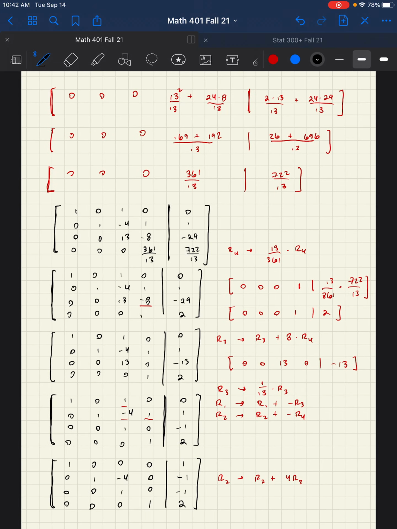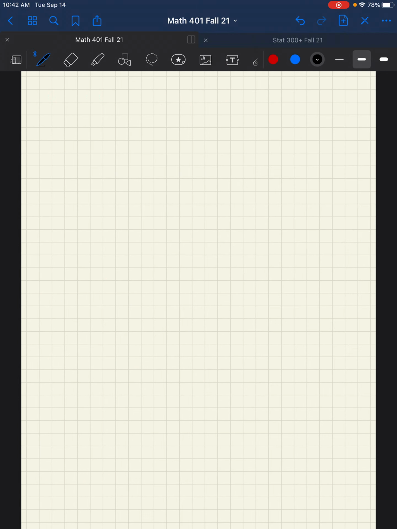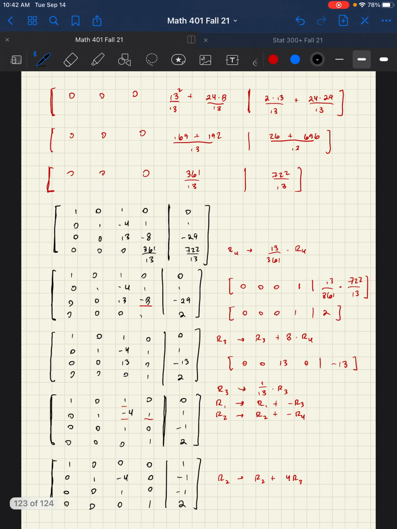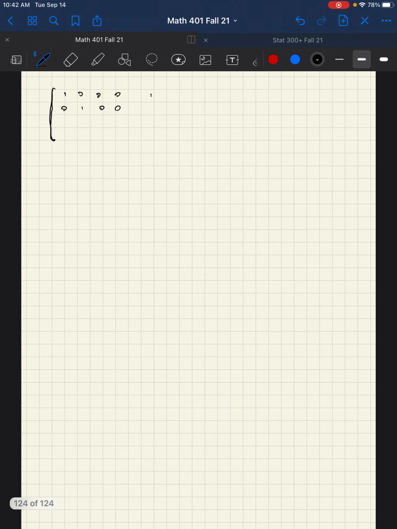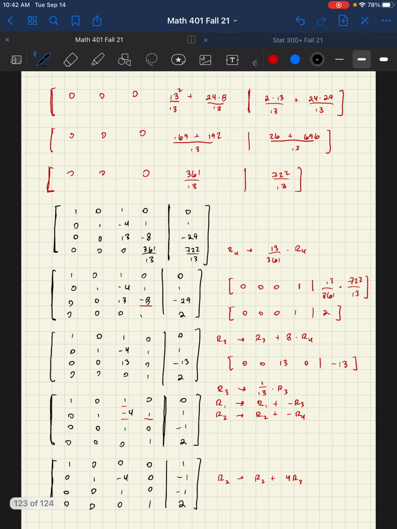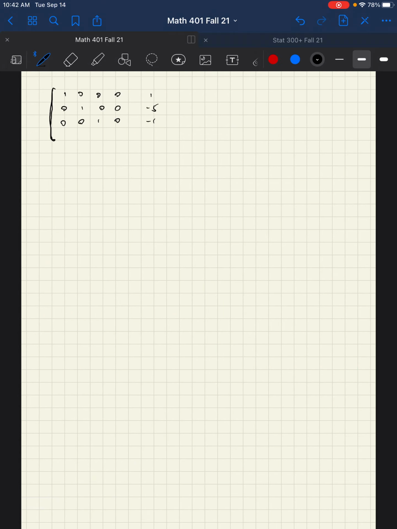So finally, all said and done, our system becomes the equivalent linear system 1, 0, 0, 0. The top augmented number is 1. 0, 1, 0, 0. And then remember that's going to turn into a negative 5 because negative 1 times 4 is negative 4 plus negative 1 is negative 5. 0, 0, 1, 0, negative 1.